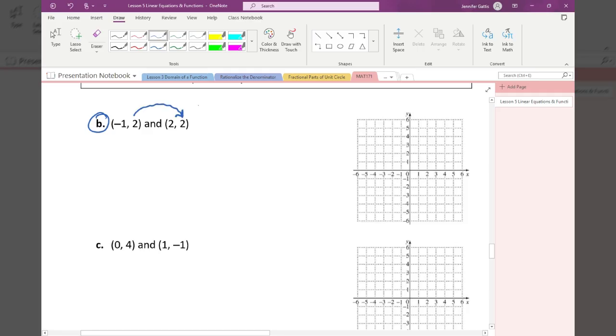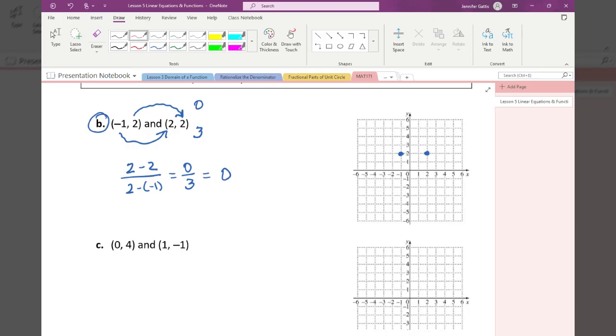Change in y over change in x, or the formula, and you should get that the slope is 0. Well, what does that line look like? So if we look at graphing this line, a line with 0 slope is this horizontal line that goes through here.